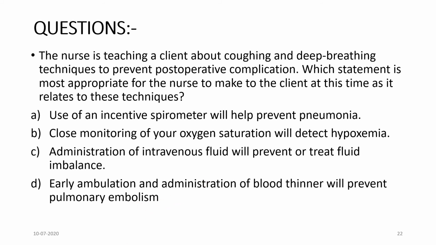So the right answer is the use of the incentive spirometer, because during deep breathing and coughing, the thick secretions come out from the respiratory airway. In pneumonia, the secretions are present in the airway, in the lung. So deep breathing and coughing prevent pneumonia.